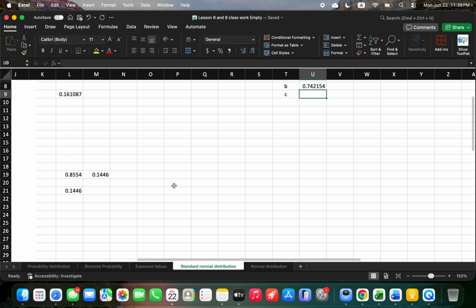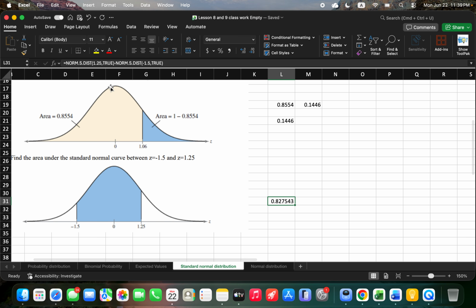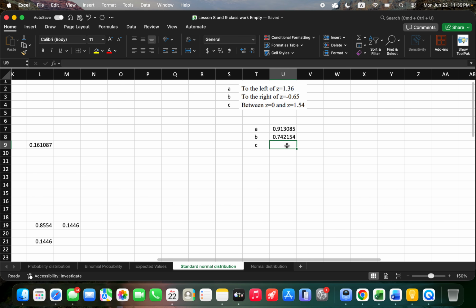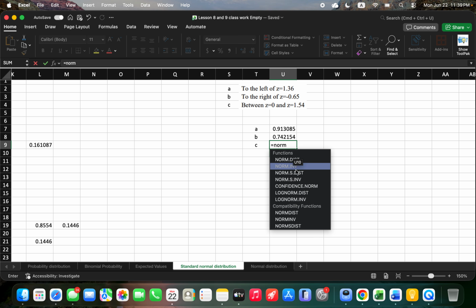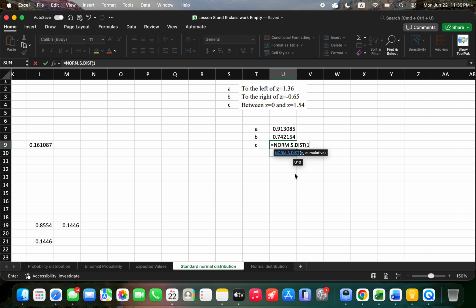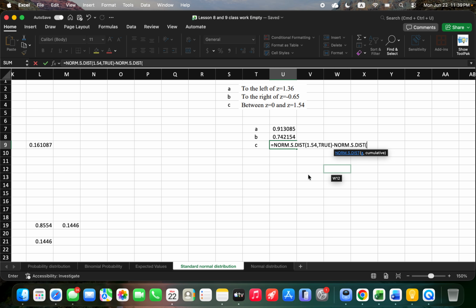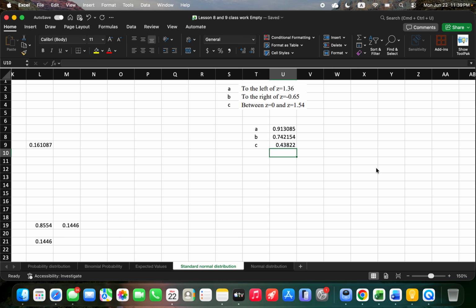Last time we read both z-scores and took the probability value of the bigger z-score minus the smaller z-score. So we do the same thing here: equal to norm dot standard distribution 1.54 comma true, minus norm dot standard distribution 0 comma true. Then that should be the answer basically.